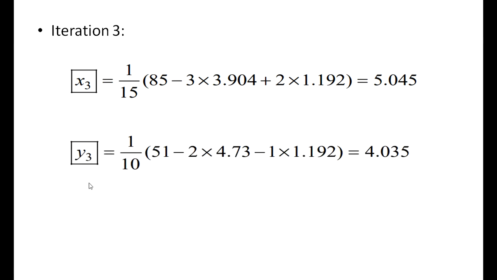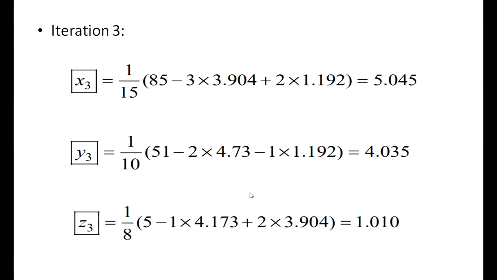Now y3 is equal to 1 upon 10 in bracket 51 minus 2 into 4.73 minus 1 into 1.192, which is equivalent to 4.035. The z3 value is 1 upon 8 in bracket 5 minus 1 into 4.173 plus 2 into 3.904, which is equal to 1.010.